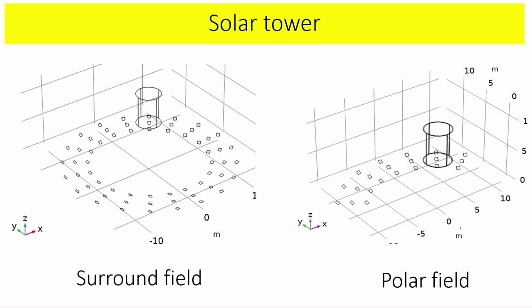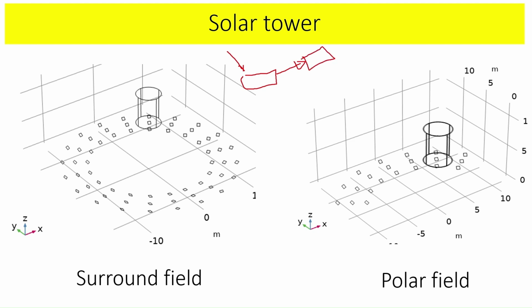Solar tower, the point concentrating technology, we will see first. They are of two types. In all the solar thermal technologies, when the sunlight comes, there would be one collector and then one absorber.